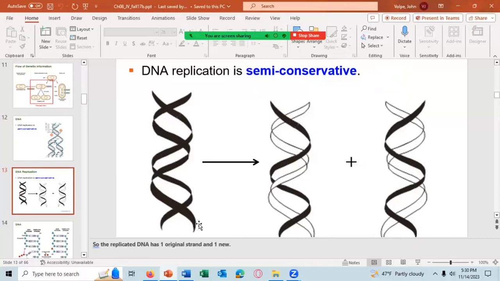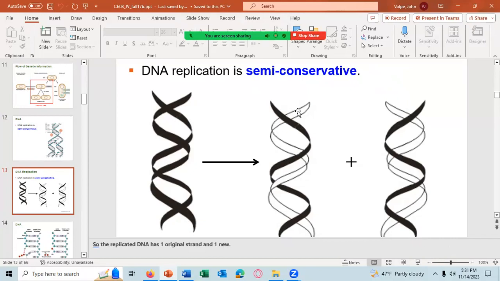So this is showing you the black strands are the original parent strand of DNA in semi-conservative replication. One strand will be used as a template to make the new strand, which is shown in white here. And then the offspring cell will get one original strand, which came from the parent, and one newly replicated strand.